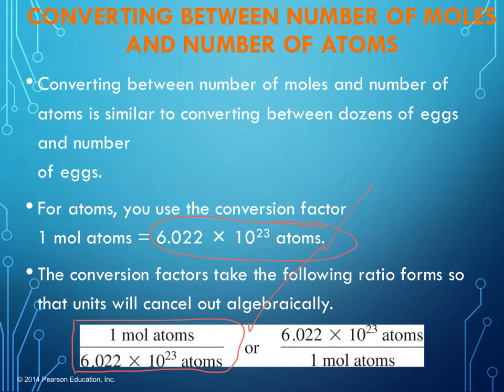Any type of conversion factor, the numerator and denominator are considered equivalent to each other. That's what makes it a conversion factor. Okay, when you convert something, you don't want to change the value of it. You just want to put it into different units. And so it's important the top and bottom of a conversion factor are equivalent to one another. And so you'll see and need to get familiar with using Avogadro's number as a conversion factor between the number of atoms or molecules and the mass.